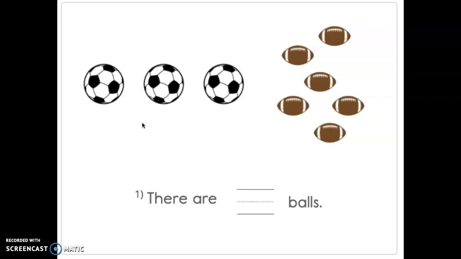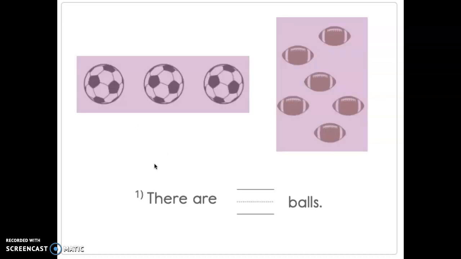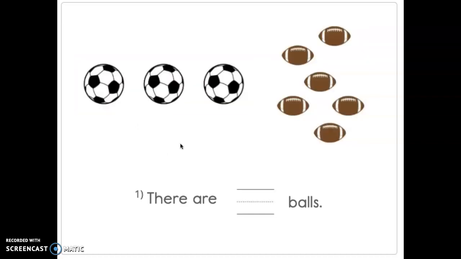Then we wrote the number 3 underneath this set of balls so that we could keep track of what we had counted and what we had not counted. For some reason I can't get any of my markers to work right now. I'm sorry about that. So first we started by counting these soccer balls and coming up with the number 3.